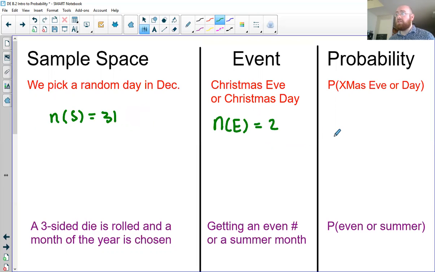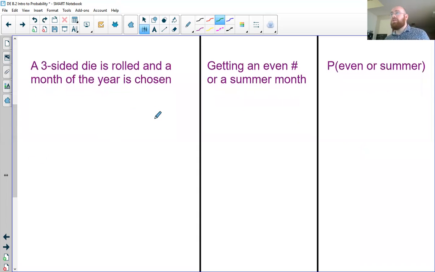So the probability of randomly selecting a day in December and getting Christmas Day or Christmas Eve would be 2 out of 31. This isn't going to give us a nice decimal or a nice percent. So instead, we can just leave it as a fraction.